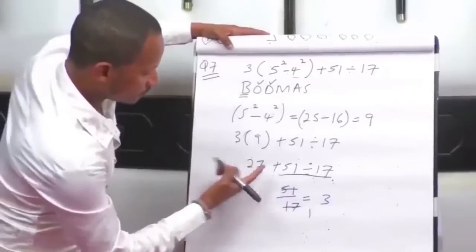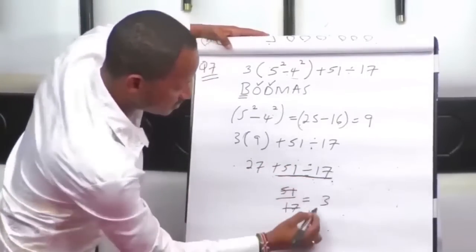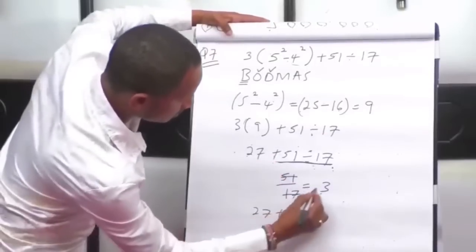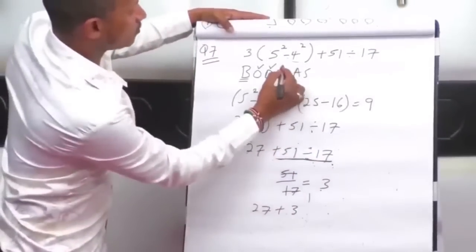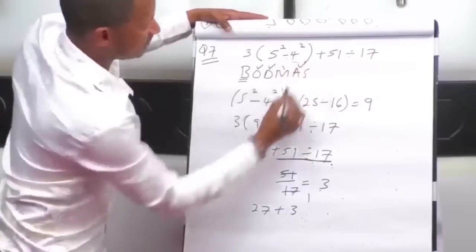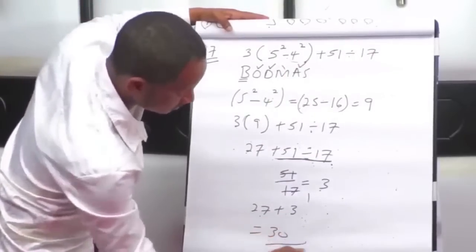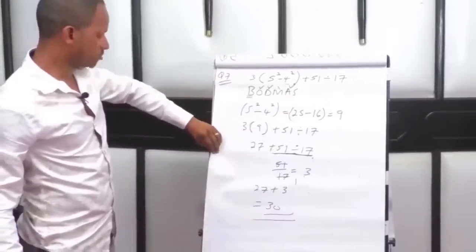So we've solved this. 51 divided by 17, you get 3. Then rewrite it again. 27 plus the answer 51 divided by 17 is 3. Then you go to, we don't have multiplication, and then we have addition. So addition is 27 plus 3 is 30. So that's question 7. Then we go to question 8.